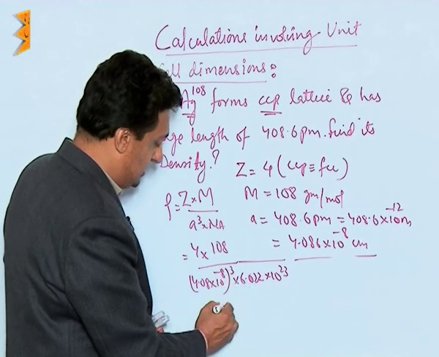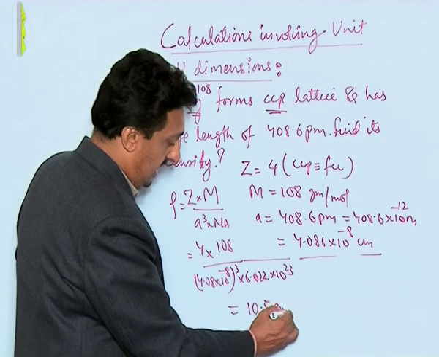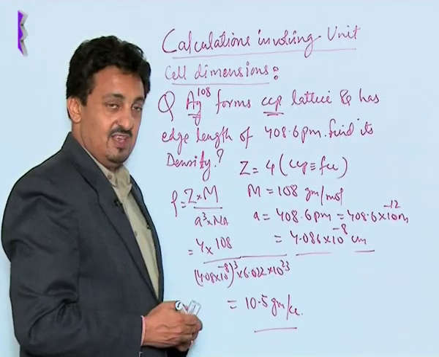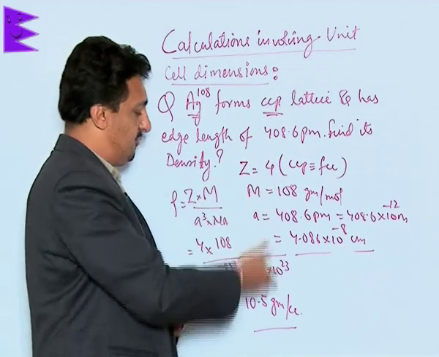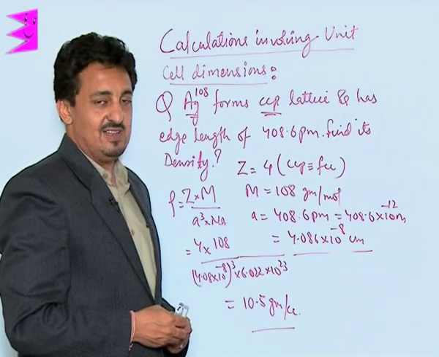When we solve this, we get 10.5 grams per cc. So this is the density of silver, and this is how we can use the given information to find out the density of crystalline solids.